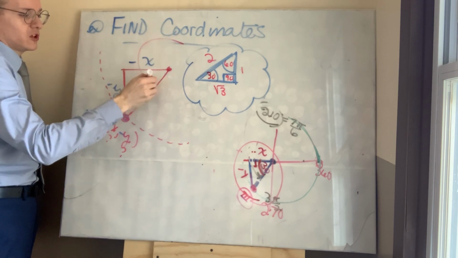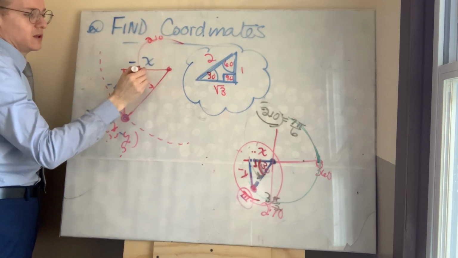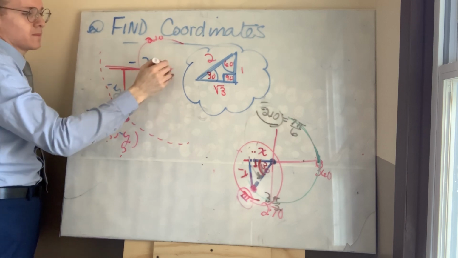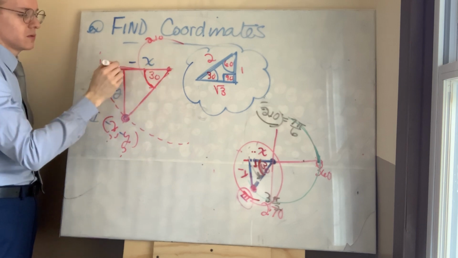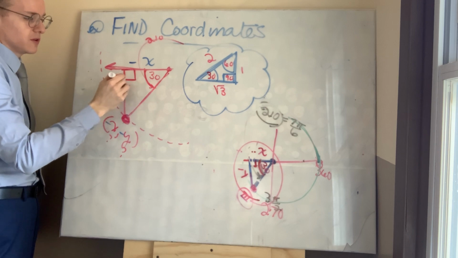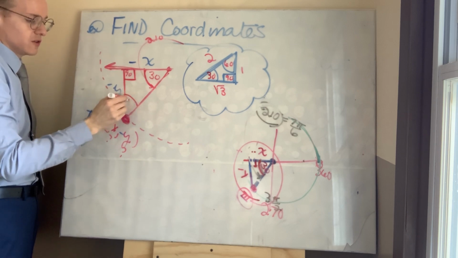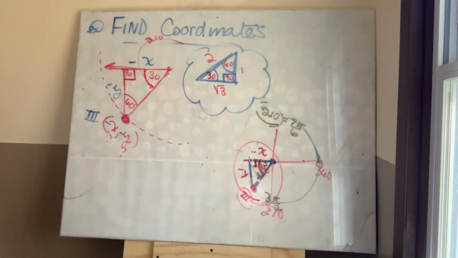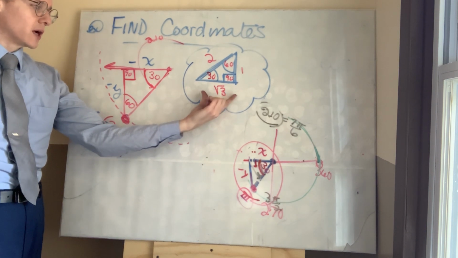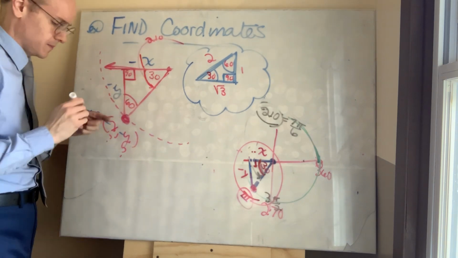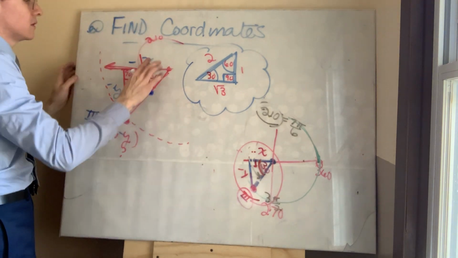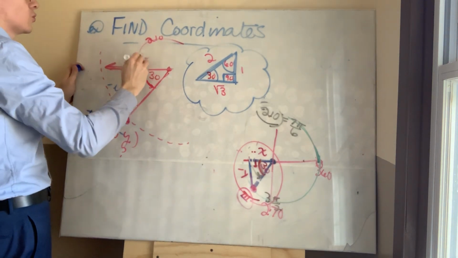The full 210 leaves us with an equivalent in here, riding along the x-axis and stretching into the third quadrant, of 30. This is now perpendicular, so it's 90 on purpose, and this is 60. That means that, by comparison, what is adjacent to the 30-degree angle should be square root of 3.